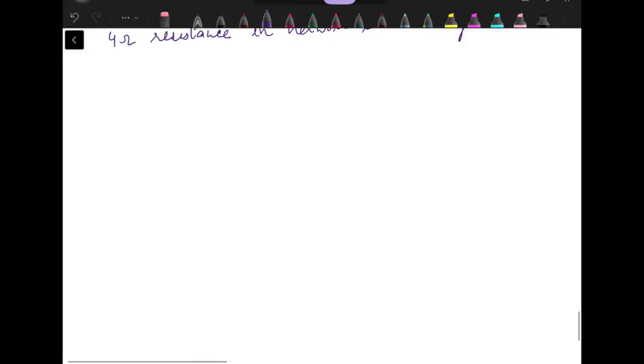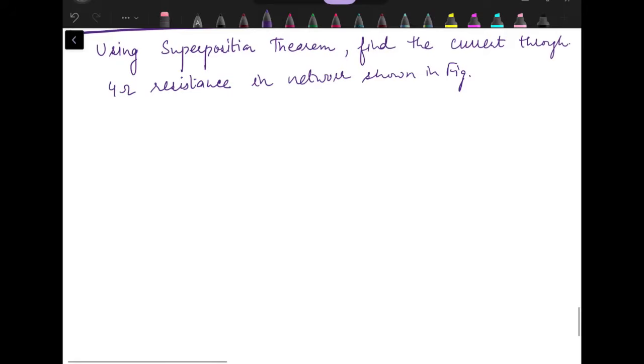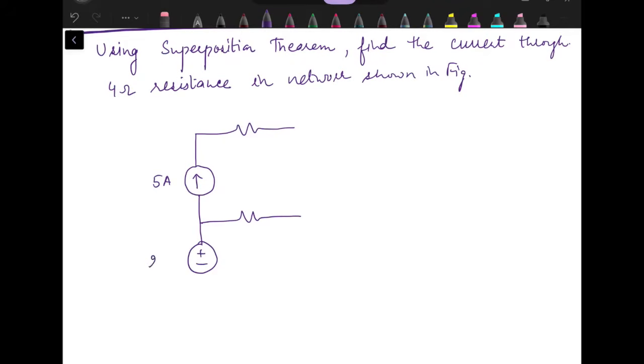Now let's see what is the network. Again, we have two independent sources. One is a current source, second one is a voltage source, and we have different resistances.